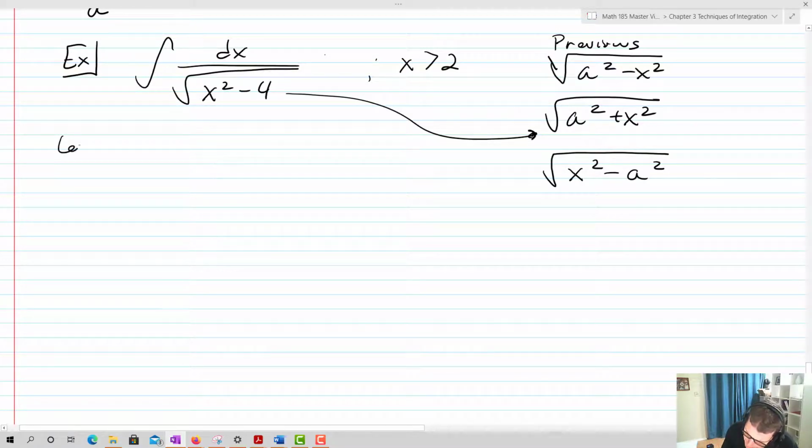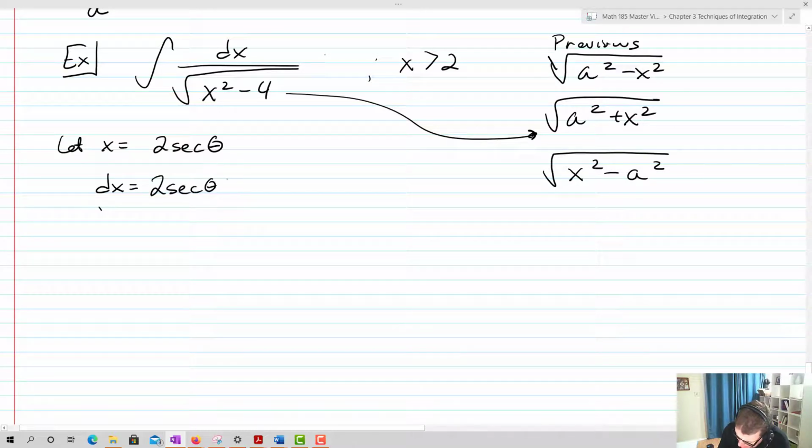So I'm going to let x equal 2 secant theta. The idea that we're working with here in terms of the trig substitution is exactly the one that we've been working with before. So x will equal 2 secant theta. dx will then equal 2 secant theta tan theta d theta. So now I have the integral of 2 secant theta tan theta d theta.